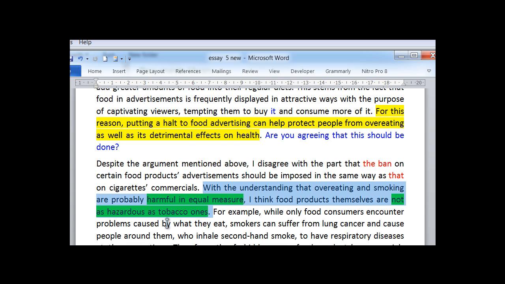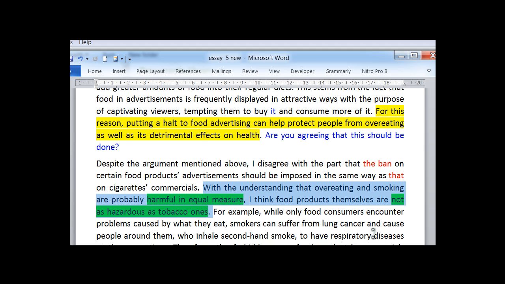You're supposed to be giving your opinion about why the advertising of certain foods should not be the same as for tobacco. So this is not a valid reason for that, because you've already agreed that they're equally harmful. The topic says that they are equally harmful. Research has shown.